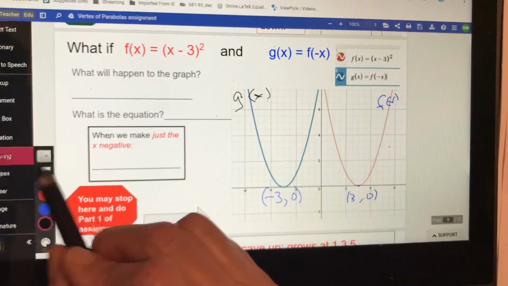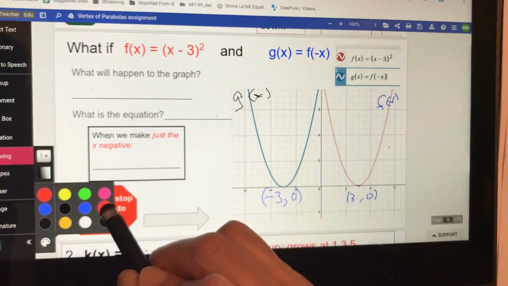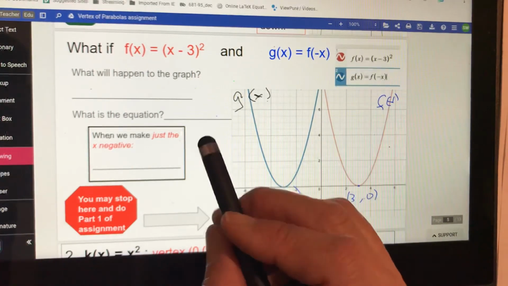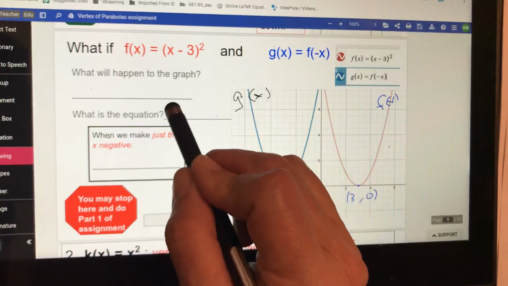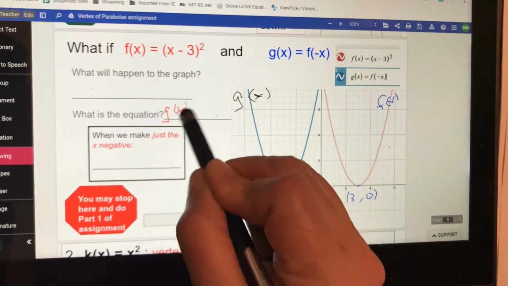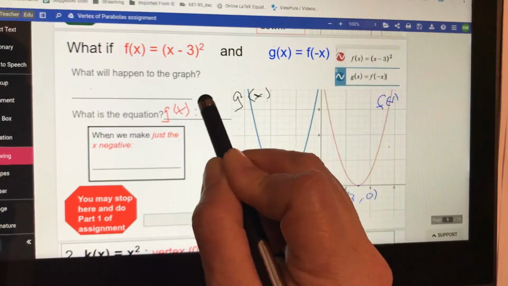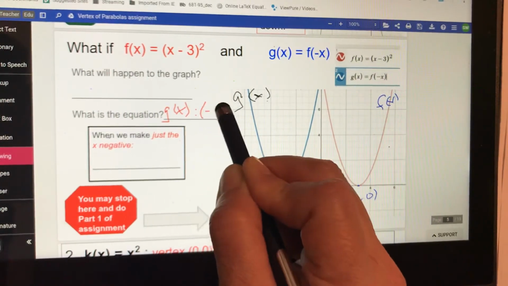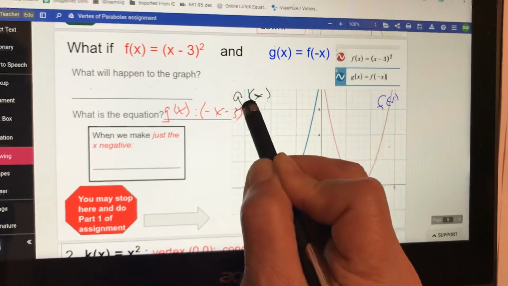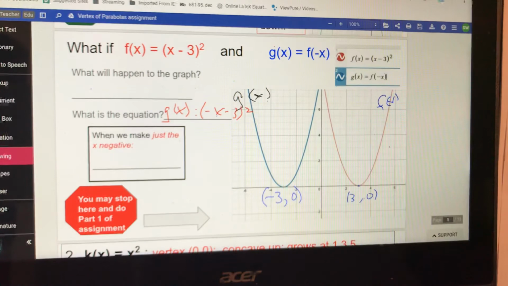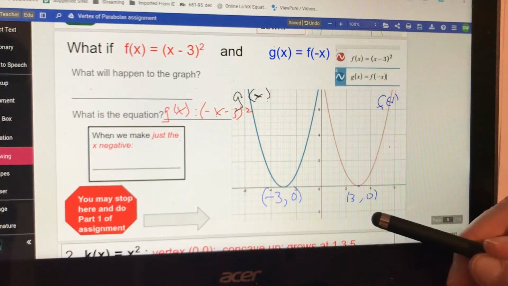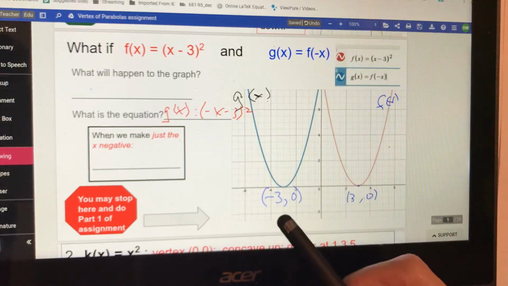So I'm going to go a little bit out of order here and say, what would happen if I took my original equation, f of x, and made it g of x, where only the x was negative. So it would be negative x minus 3 squared.